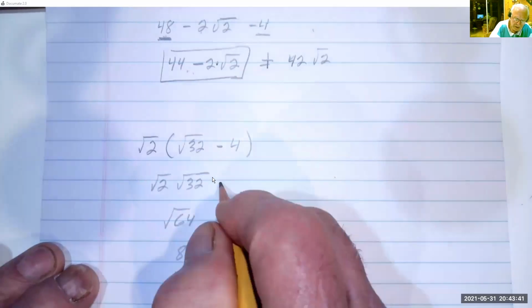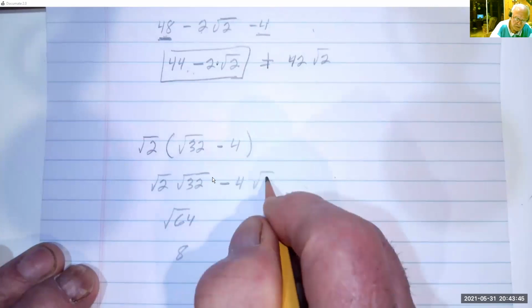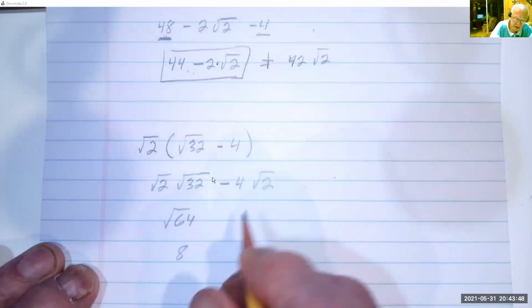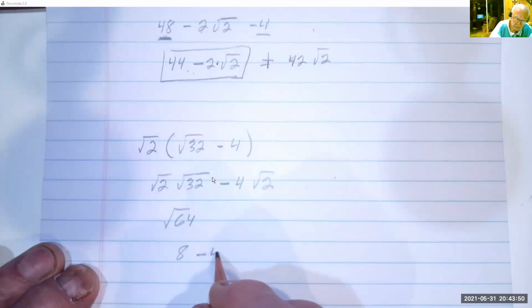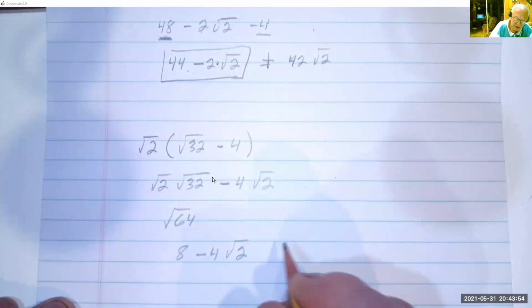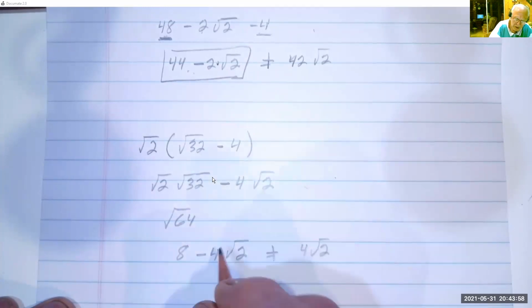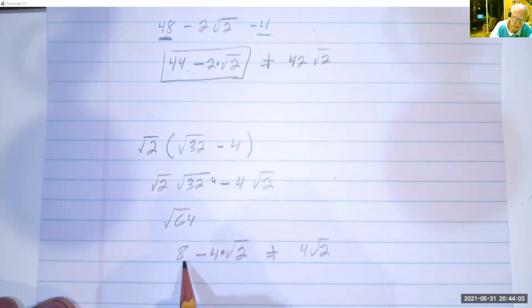And continuing the distribution, it's going to be minus 4 times the radical 2. Let's carry that down. And again, we can't go any further. We cannot say 4 radical 2 because of the multiplication here, and we have to multiply before we subtract.